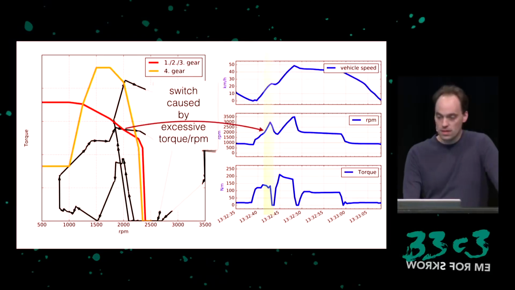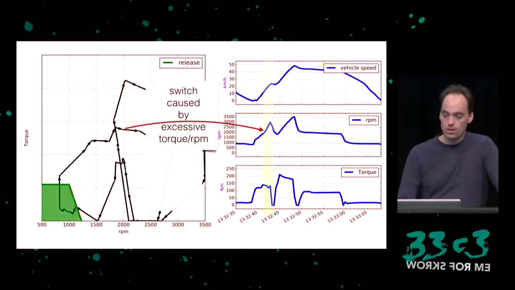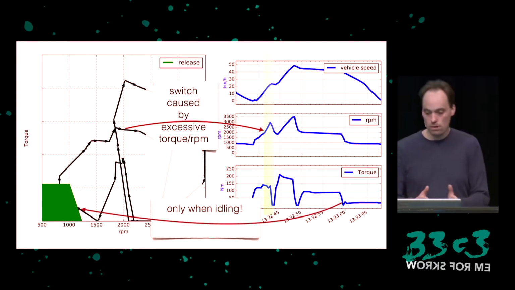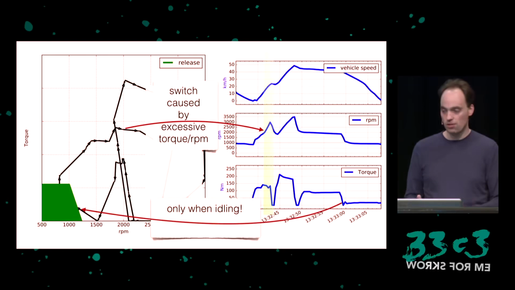And the reason is that you don't have to go under the maximum load limit. You have to go into this green area. You have to go back to idling at a very low RPM to switch back to the full EGR mode. And this only happens at the very end, when the driving cycle is almost done, when the driver presses the clutch and lets the engine idle.